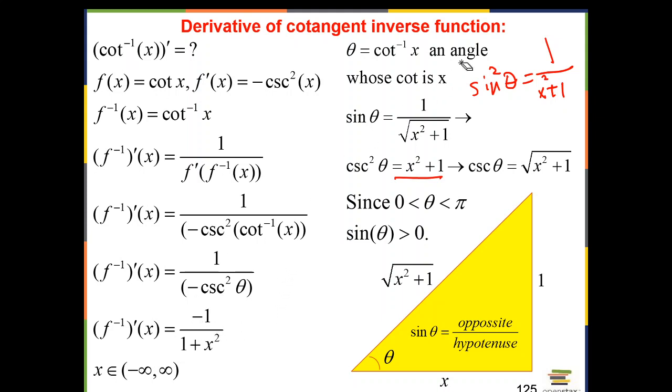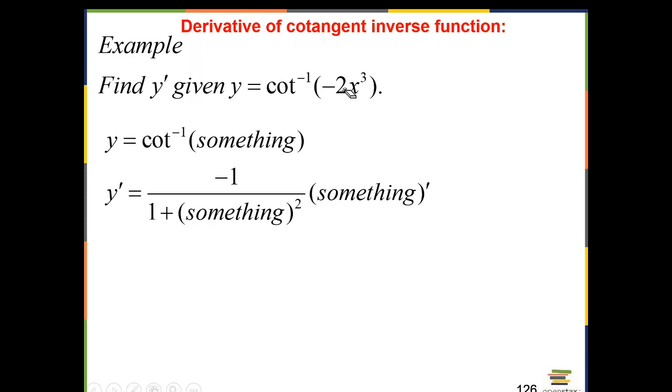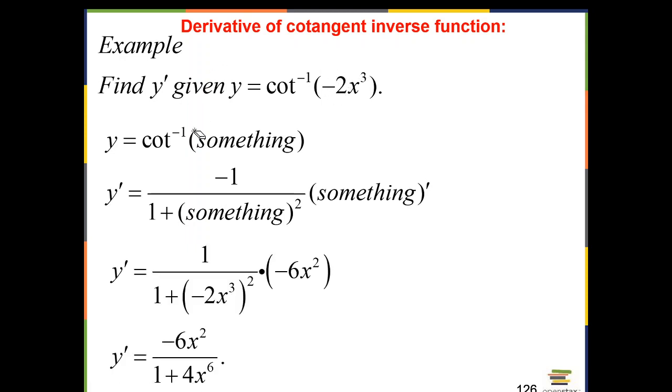right? All right, so let's do an example, and we use the same idea that derivative of cotangent inverse of something is going to be negative 1 over 1 plus something squared times something prime. In this case, this is the something, so the derivative would be negative 1.